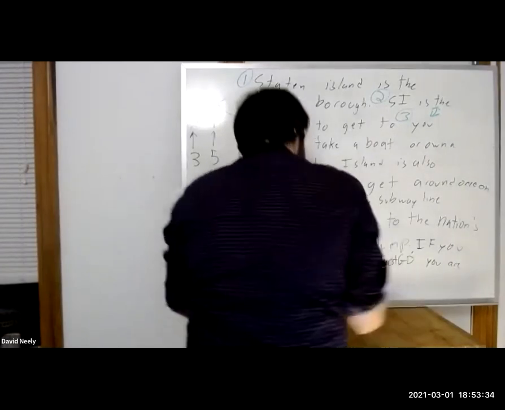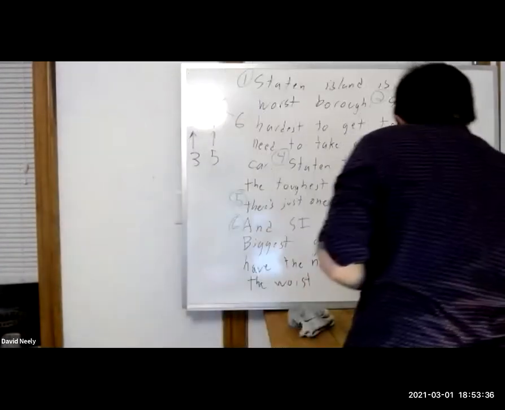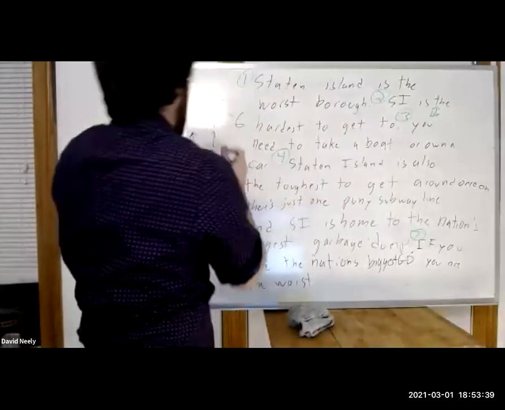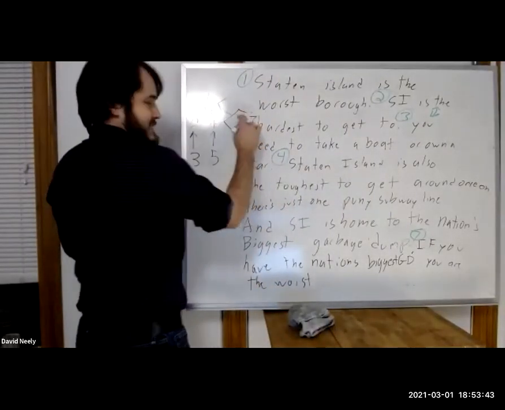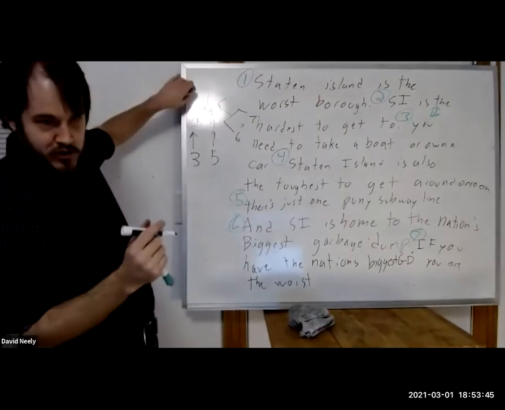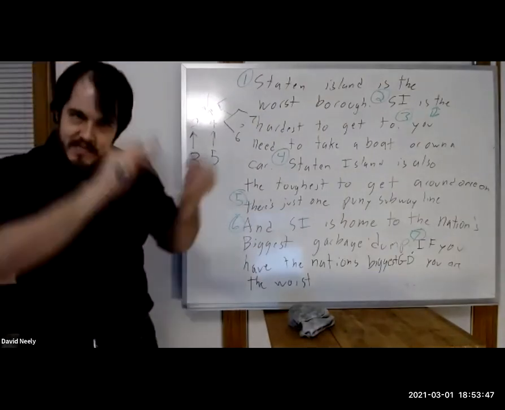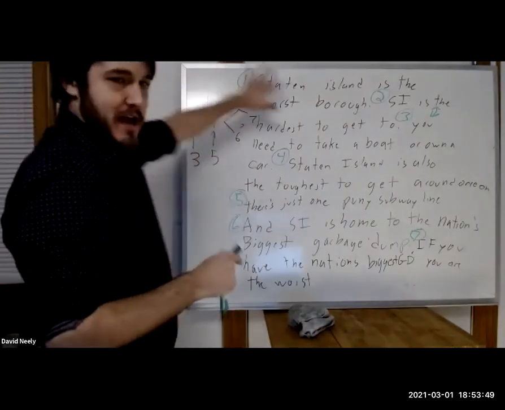So if this was on here, if you've got the biggest garbage dump, number 7, it would look something like this, where 6 and 7 are linked premises that together act as a convergent reason for 1. So does that make sense? How all of these things work together?